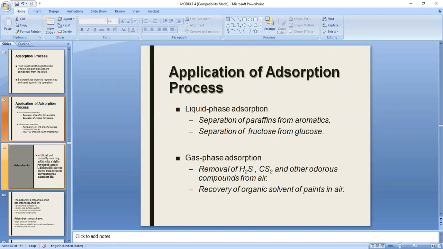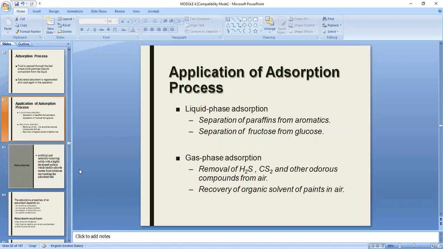In liquid phase adsorption, we have the separation of paraffins from aromatics, or the separation of fructose from glucose. In the case of gas phase adsorption, we can have the removal of H2S, CS2 and other odorous compounds from air, and the removal of organic solvents of paints in air.